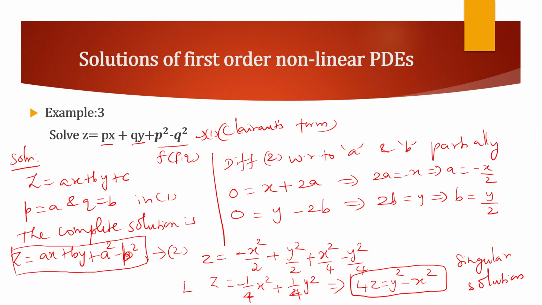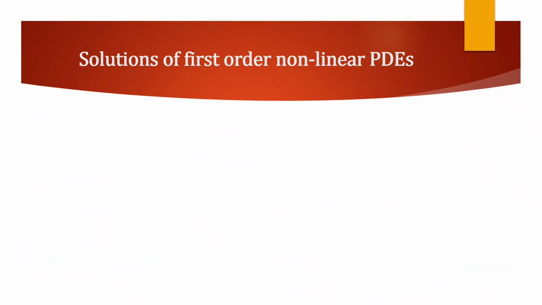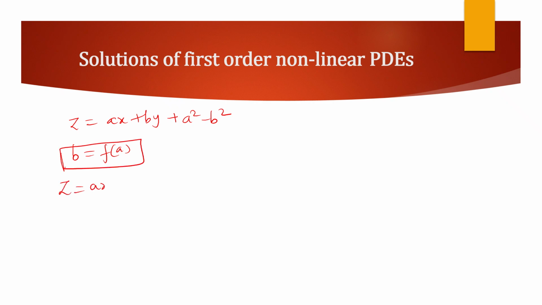And for the general solution, we take a as a function of b or b as a function of a. That is, since our complete solution is z is equal to ax plus by plus a square minus b square, in which we take b as function of a, that is z is equal to ax plus f of a into y plus a square minus f of a the whole square.